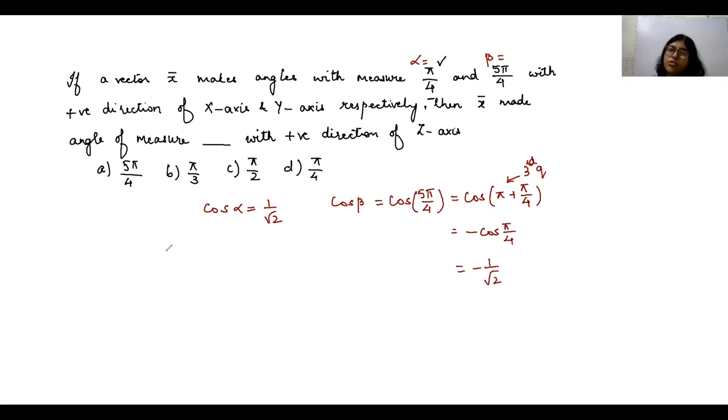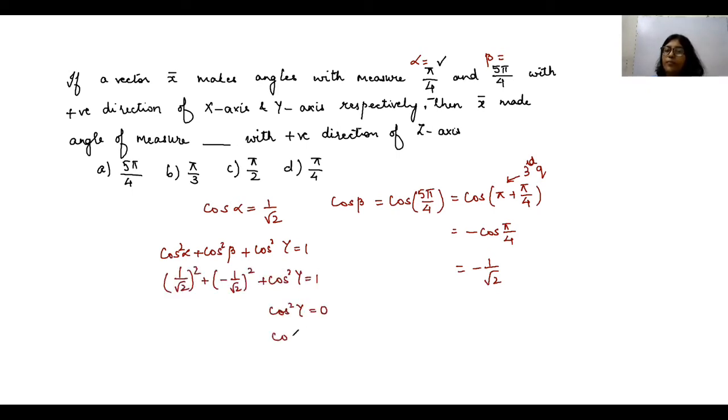Now, an important result of vectors is that cos square alpha plus cos square beta plus cos square gamma is 1. So put in the values here and calculate. That gives us cos gamma is 0, and so gamma will be 90 degrees, pi by 2. That's the angle made with the positive direction of z-axis.